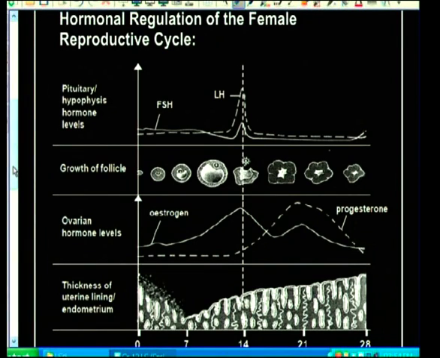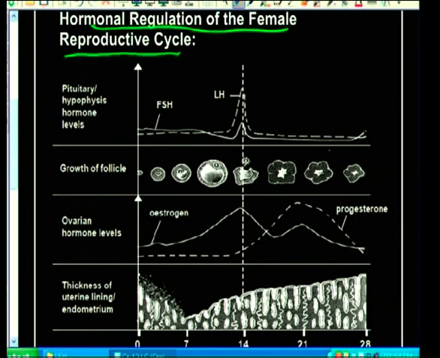So these two cycles are important. This is the most important part in the female part of the reproduction that we study. This is the uterine cycle and the ovarian cycle, or another name for uterine cycle is the menstrual cycle. Let's look at the questions. They're telling you here the heading, hormonal regulation of the female reproductive cycle.